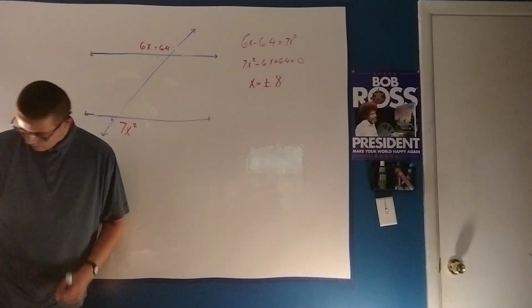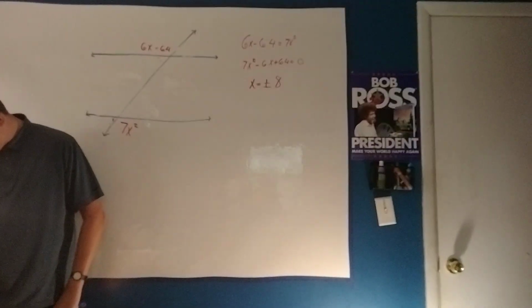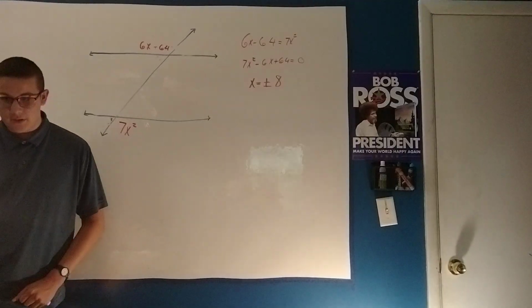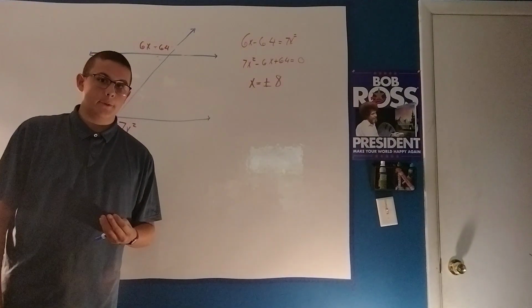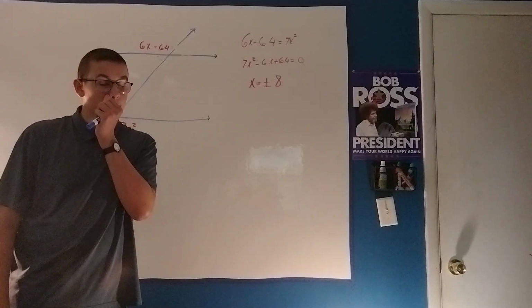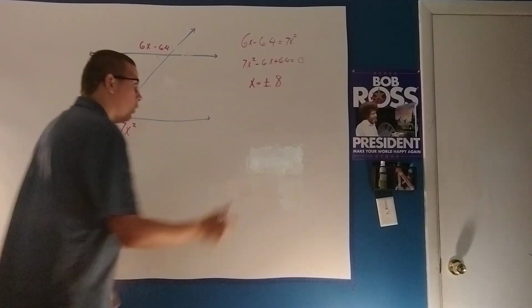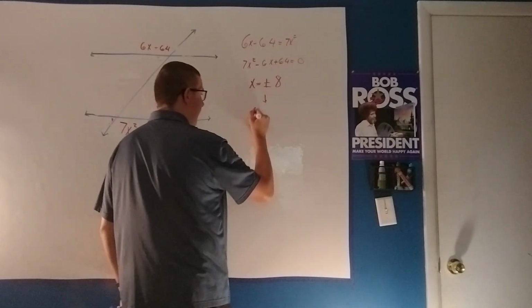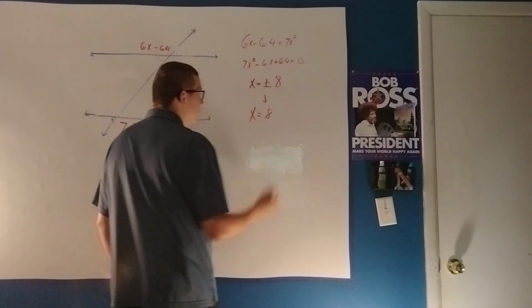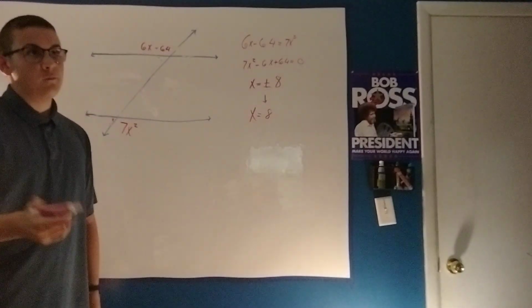But as I mentioned before, in this level of geometry, we can't have negative x or negative angles. So we're going to take just x equals 8.